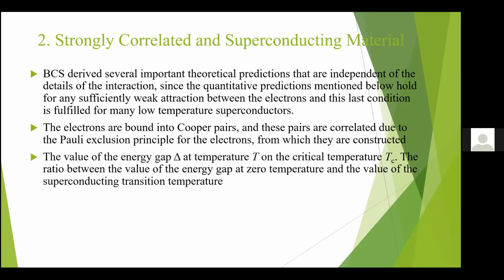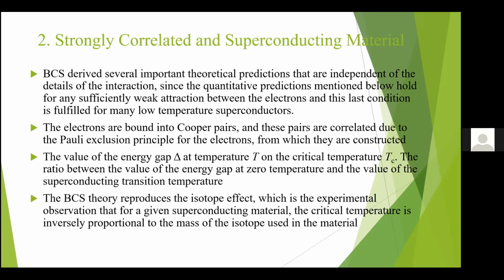Another prediction is the value of the energy gap delta at temperature T relative to the critical temperature Tc, and the ratio between the value of the energy gap at zero temperature and the superconducting transition temperature.